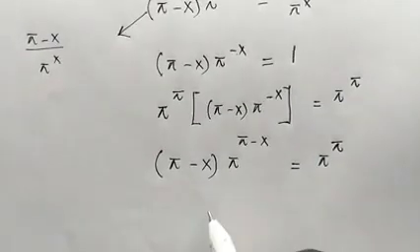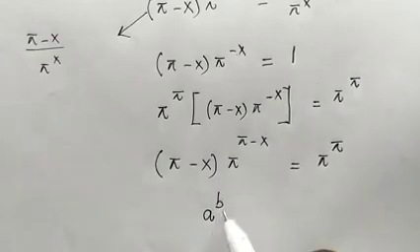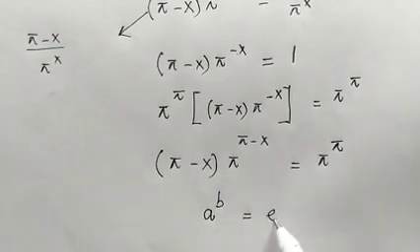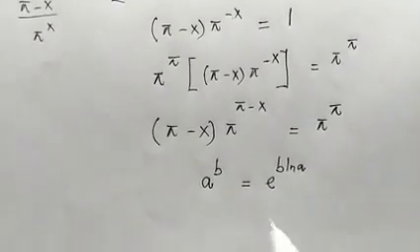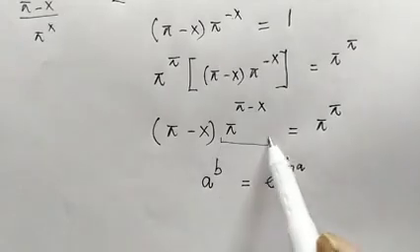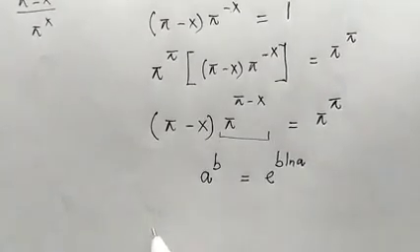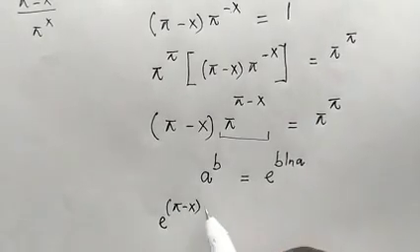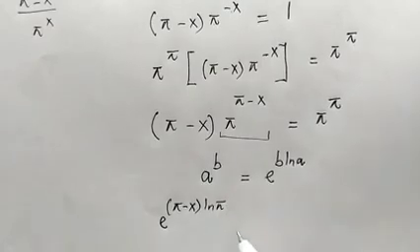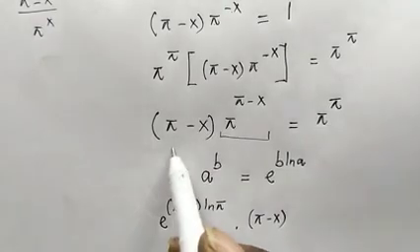Now let's take note of the following. A raised to the power of b is equal to e to the power of b multiplied by the ln of a. So use that idea here. So that will become e raised to the power of pi minus x times the natural log of pi multiplied by pi minus x, this one here.